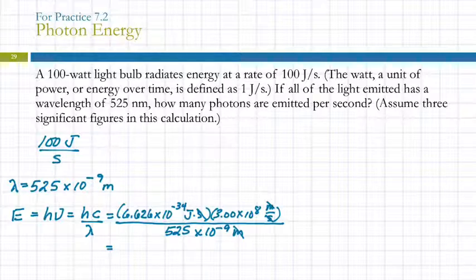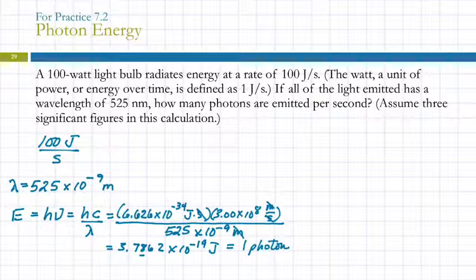6.626 EE minus 34 times 3 EE 8 divided by 525 EE minus 9, that's 3.7862 times 10 to the minus 19 joules. That's the energy of one photon. It's very small.